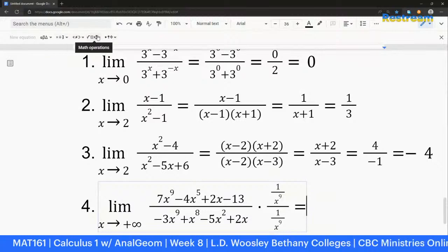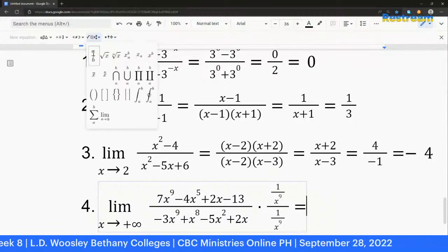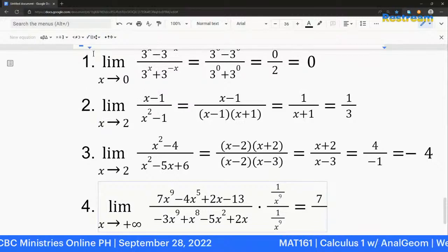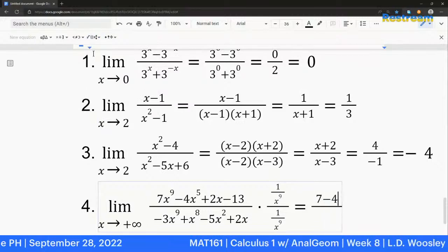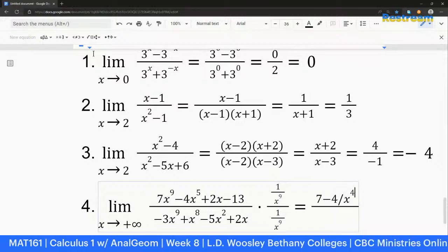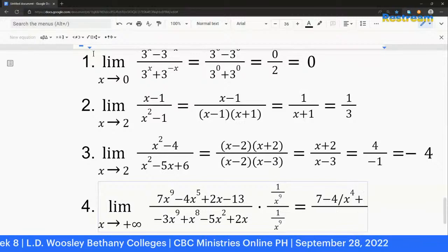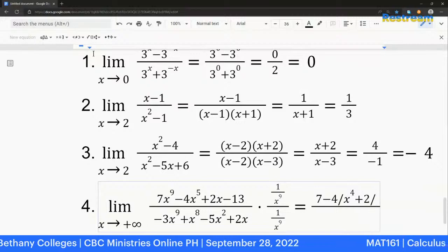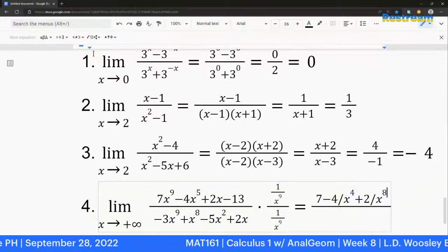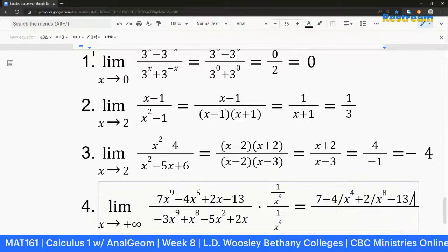What would happen to your answer? So obviously that will just become 7 minus 4 over x raised to 4, and then plus 2 over x raised to 8, minus 13 over x raised to 9.